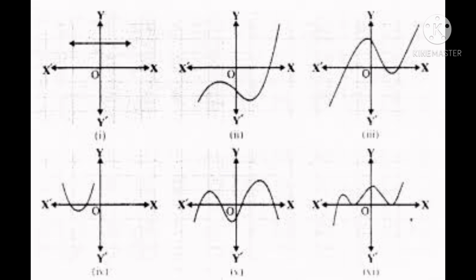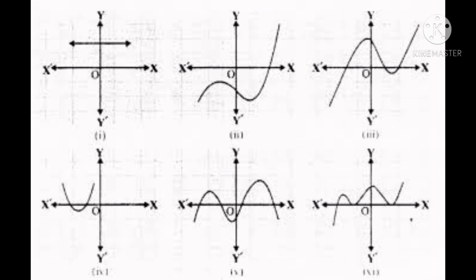Now see the first graph. It does not cut the x-axis, so it has no zero. In the second figure, it cuts the x-axis at 1 point, so it has 1 zero. In the third figure, the curve cuts the x-axis at 3 points, so it has 3 zeros.